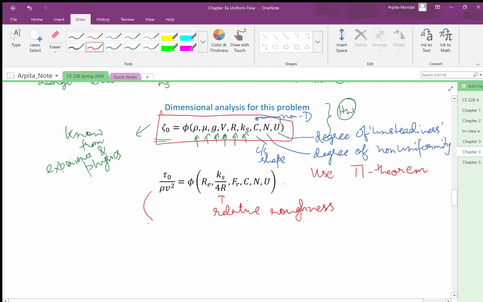can be related to the frictional factor. It's nothing but a constant times the friction factor. So the friction factor is a function of Reynolds number and relative roughness, which is exactly what we had seen for pipe flow, except that here your Froude number and other parameters are also important.